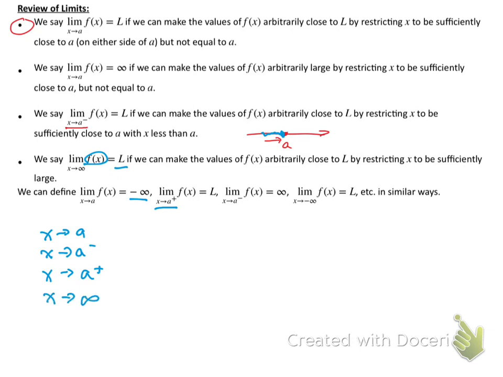Meanwhile, the y value, which is f of x, could go to a number, could go to infinity, or negative infinity. So you can do all these combinations, 5 times 3, 15 combinations. But essentially it's the same.